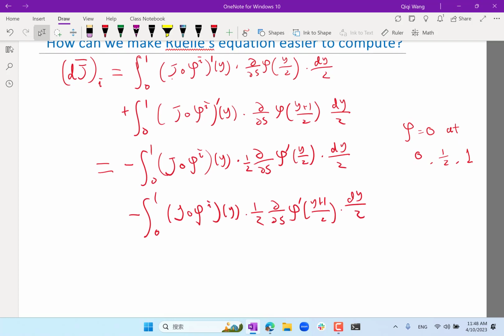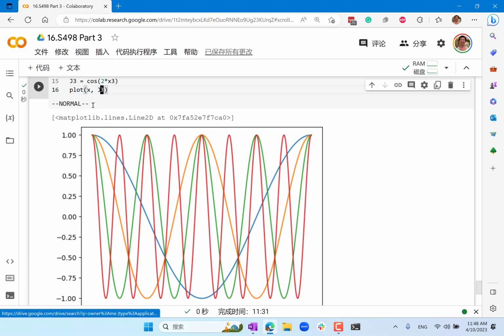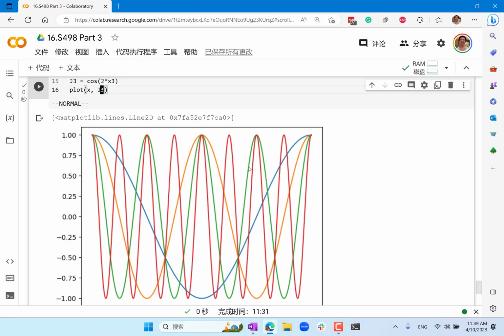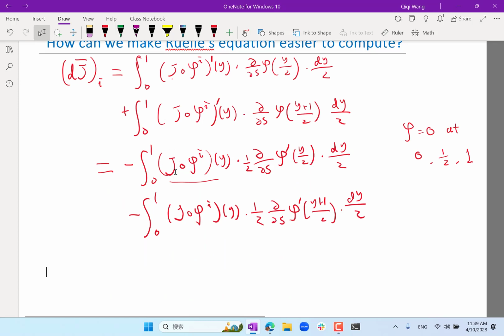Now let's consider what we have achieved here. This increasingly oscillatory function is no longer inside the derivative, which means we still have to evaluate that function, but it is going to be bounded, in this case between minus one and one. No matter what bounds J, the same bound would bound J compounded with phi to the ith power.